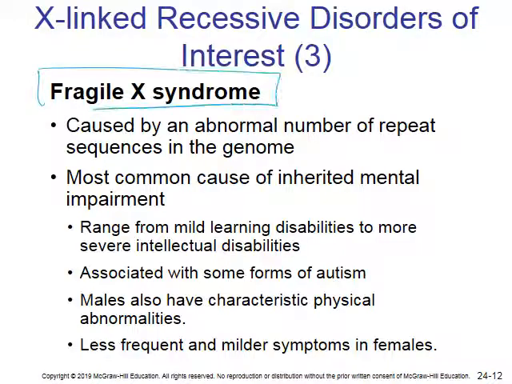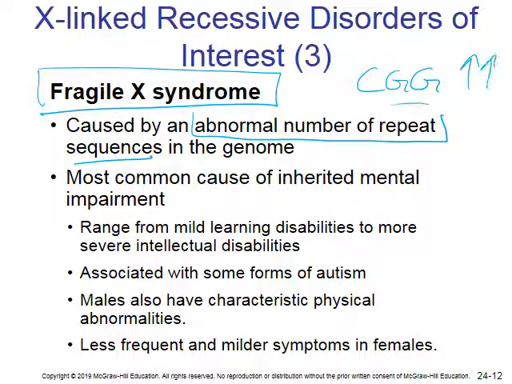Another X-linked disorder is Fragile X syndrome. It's caused by an abnormal number of repeat sequences, specifically CGGs. So if you increase the number of these repeat sequences that aren't supposed to be there, you can imagine that would interrupt protein translation.